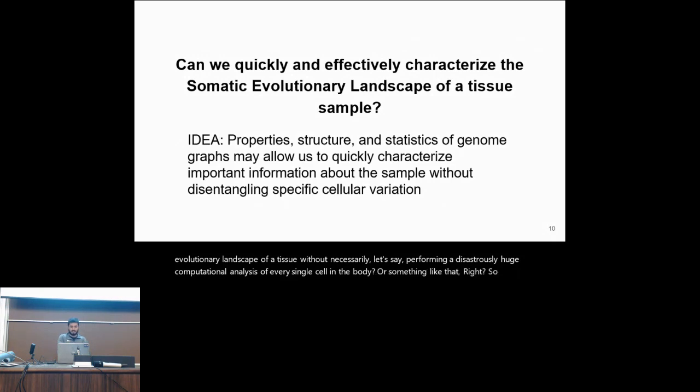So the basic idea is that if we create a genome graph, then perhaps the structure and the properties and statistics of the graph can give us information about the sample without going into very specific forms of cellular variation. So we wouldn't need to call, let's say, a particular variant in a particular cell. Instead, we can just look at it in a population sense and deduce things about the mutational patterns or the structure of the cell population without doing that sort of analysis.